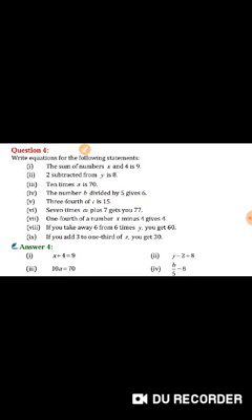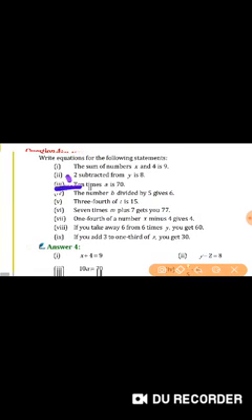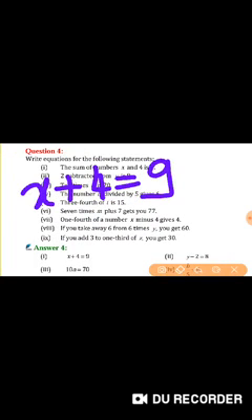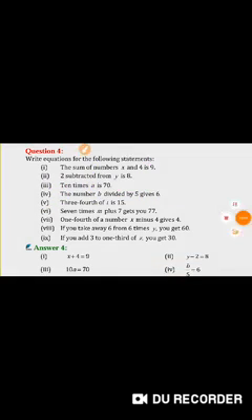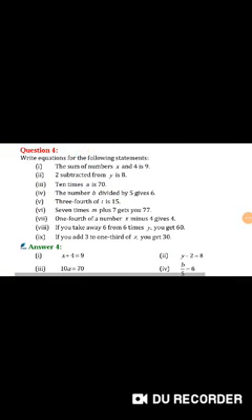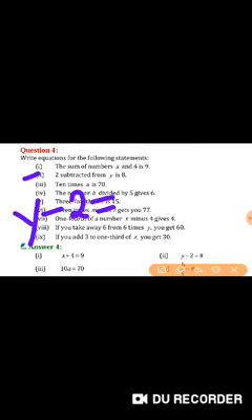So now go for question number 1. The sum of the numbers, which numbers? x and 4, is equal to 9. This is the simple equation. Then here, 2 subtracted from y. 2 is subtracted from y is equal to 8.